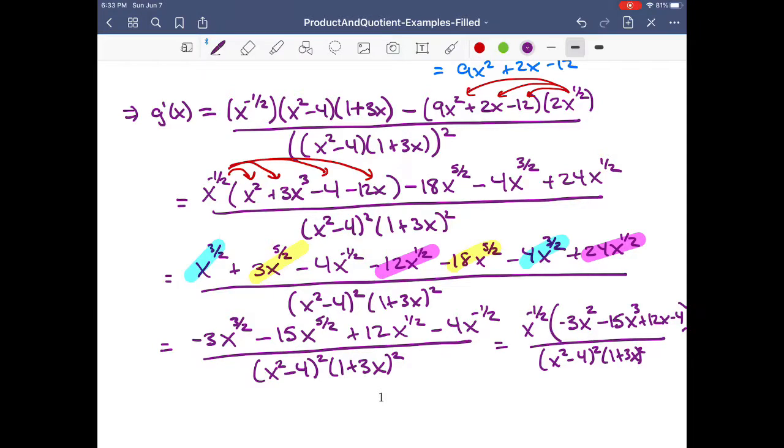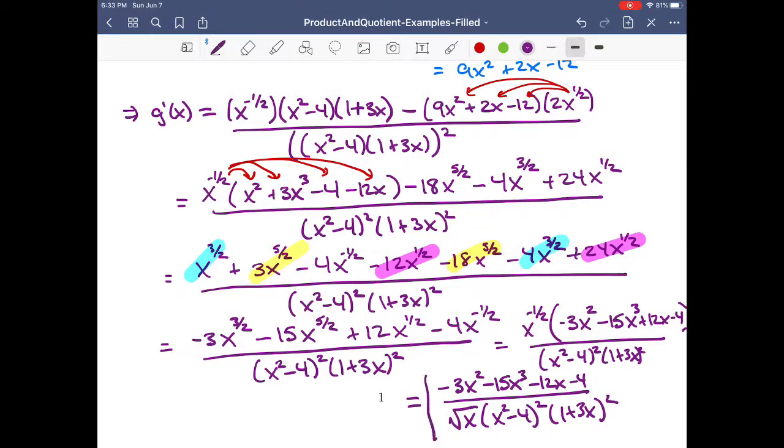And then because it's negative, it actually can drop to the bottom now. So I'm going to have negative 3x squared minus 15x cubed plus 12x minus 4, all over square root of x times x squared minus 4 all squared, 1 plus 3x all squared. So here would be our derivative in a simplified form.